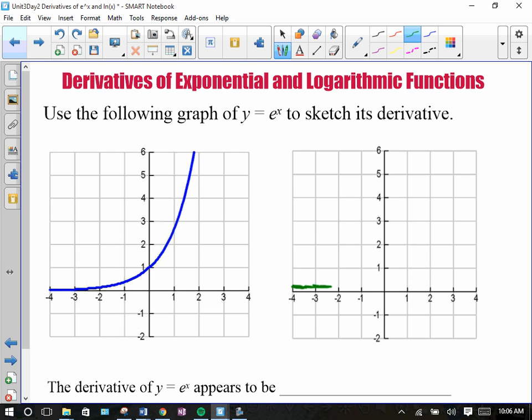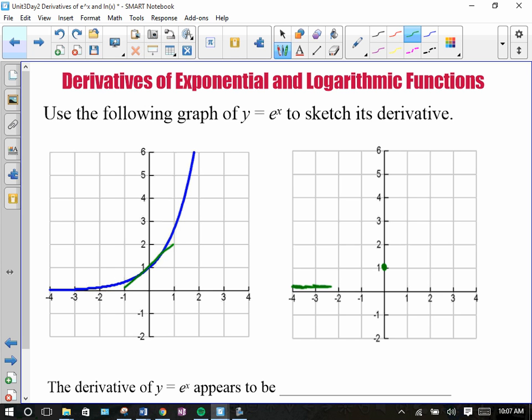Right about here, if I were to continue from here to there, that looks like a pretty decent estimate of that slope. So that slope would be up 1, over 1. The slope of that would be 1.